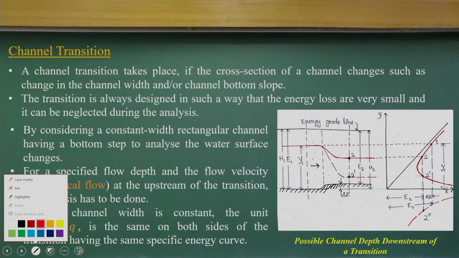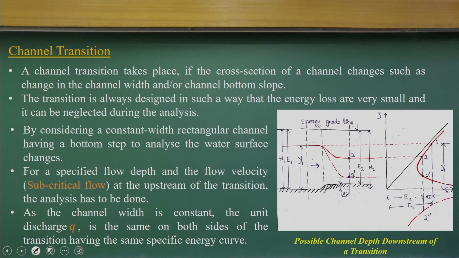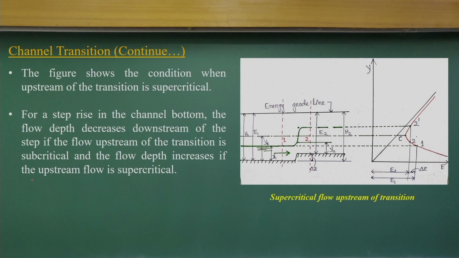Looking at that, this figure is indicating it very interestingly for us. If I have the flow conditions like this, when the flow is supercritical at the upstream level, the point 1 is here.